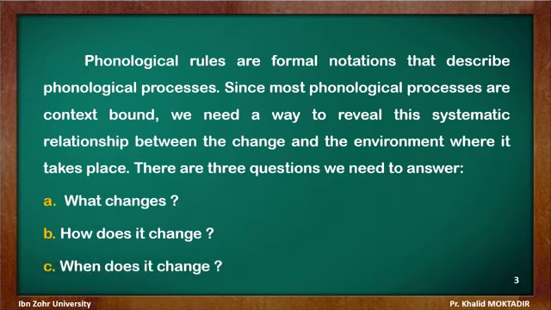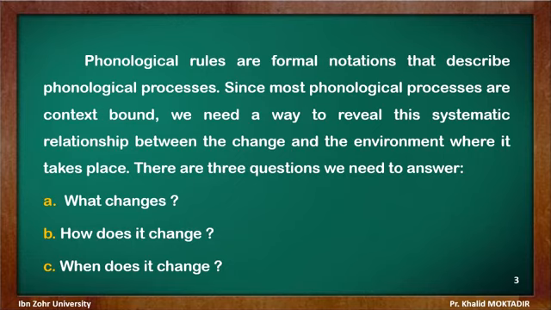B, how does this segment change? And here we mention, out of the features that we have in the feature matrix in A, only the feature that has changed in B. In other words, to answer the question, how does it change, you need to have the arrow that relates A to B, and then on the right side of the arrow, we will mention only the feature that has changed.